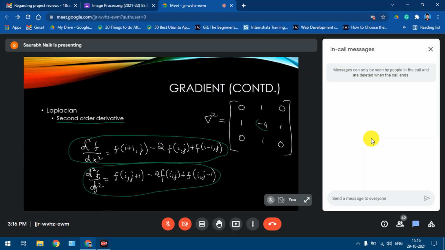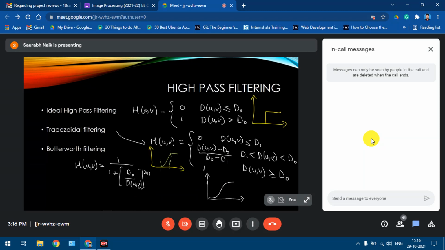This part becomes -2. So these two separate components are there: in the y component, 1, -2 and 1, and in the x component also 1, -2 and 1. When you add these two together to find the magnitude, you get this kernel: 0 1 0, 1 -4 1, 0 1 0. We'll solve this derivation in class.